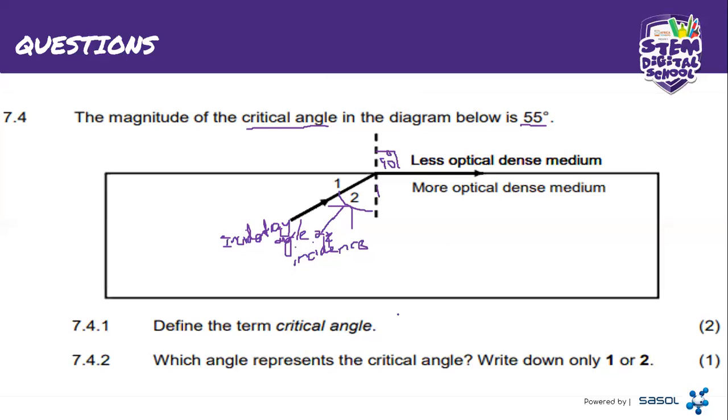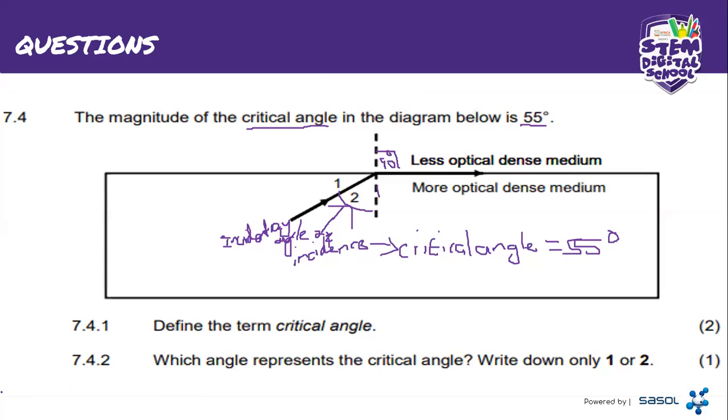We say, okay, this is an angle of incidence, which is then the critical angle, because it caused the refracted ray to just lie on the surface of separation between the two media. And because we've been told the magnitude of the critical angle there, we know that it is 55 degrees.